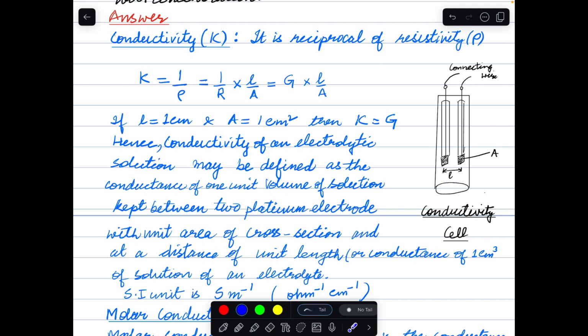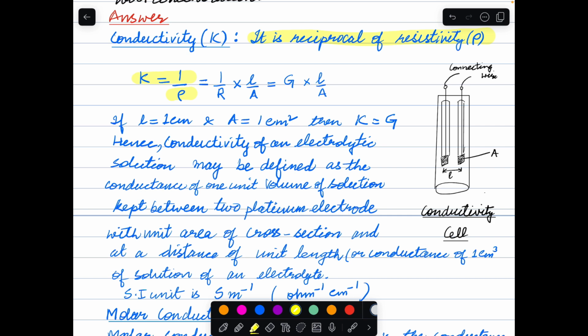Now, conductivity, the first one. Conductivity is represented by the symbol kappa, and it is the reciprocal of resistivity. And you know what resistivity is?